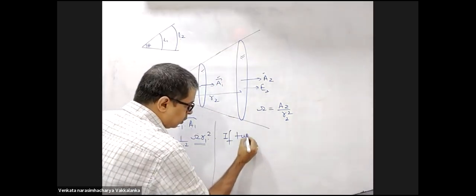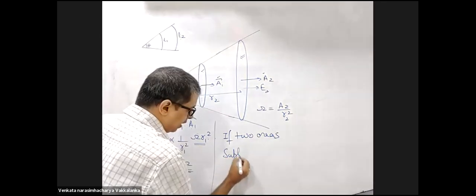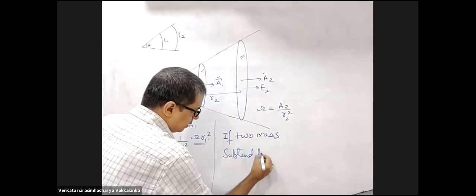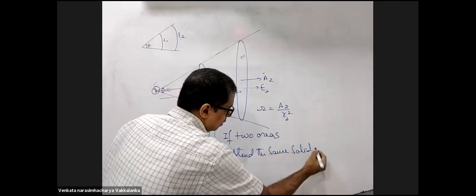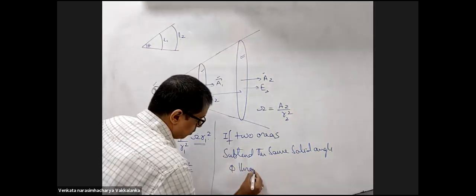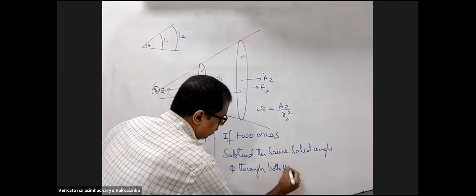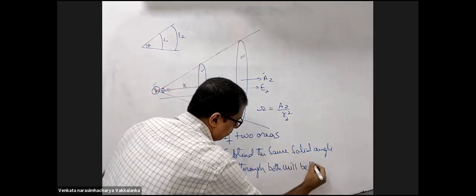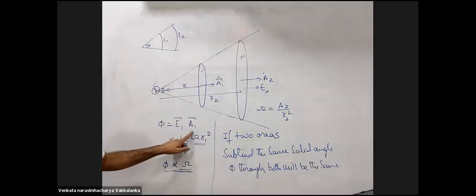If two areas subtend the same solid angle, flux through both will be the same. Why?